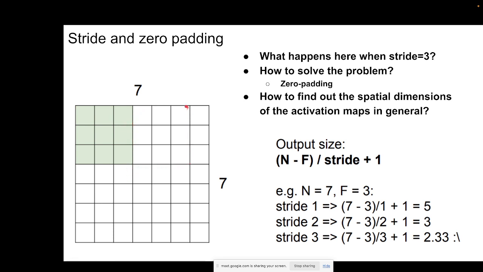This is the point where I am currently located. Now I have to take again a jump of 3, so I reach here. This is my starting point. Is there anything on this side? Nothing. At this point I need a 3x3 window on the right, but nothing is there. That means with stride equal to 3, this whole convolution process breaks, because you are not able to move towards this side.